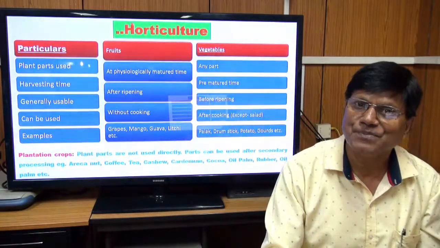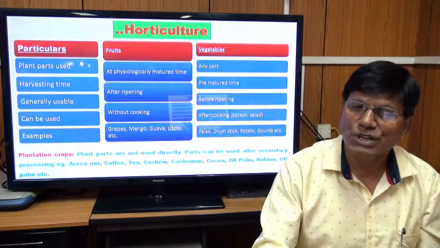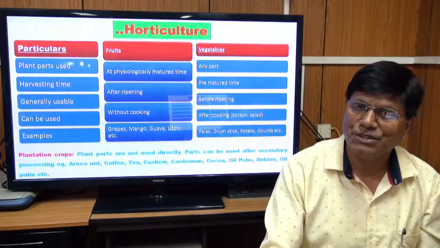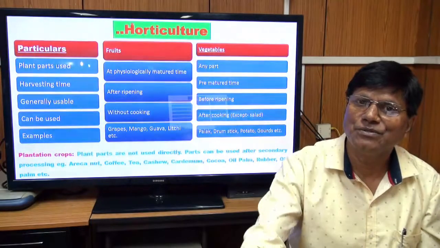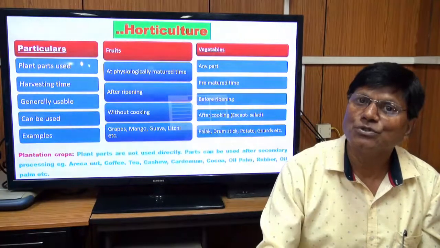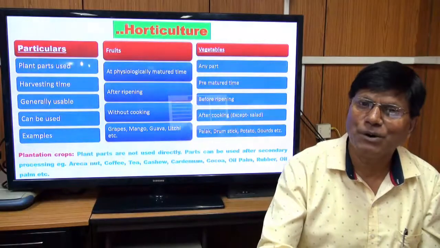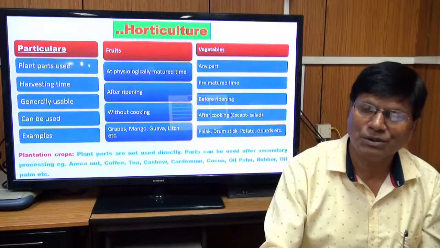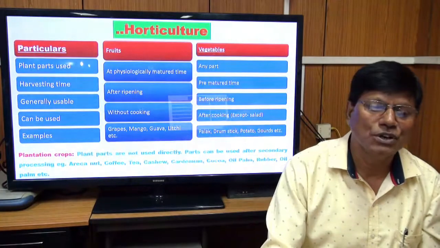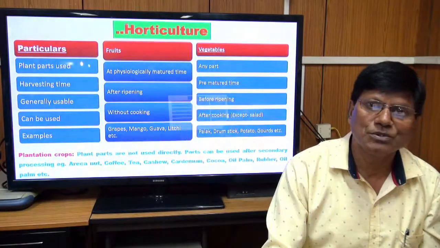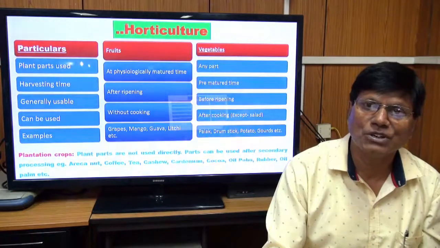Suppose tea. You get the leaf of tea, that can't be directly used. The dried leaf can't be directly used. So after processing, after making powder, drying, like that, we can use it. So the produce of plantation crops is not directly used.